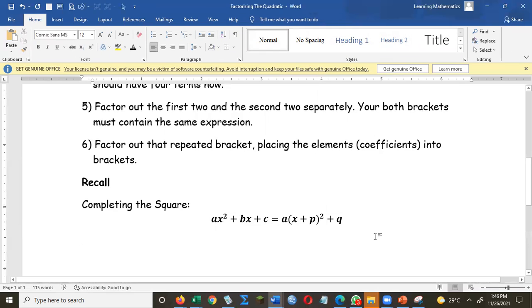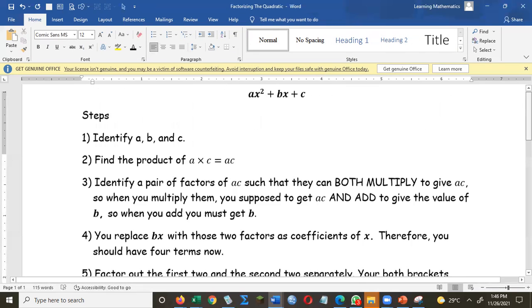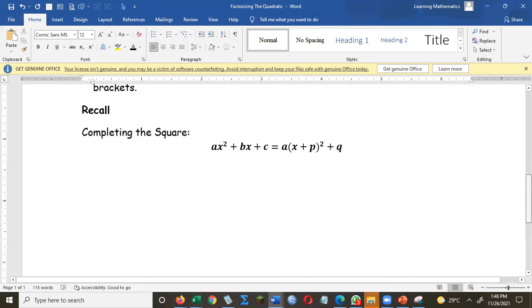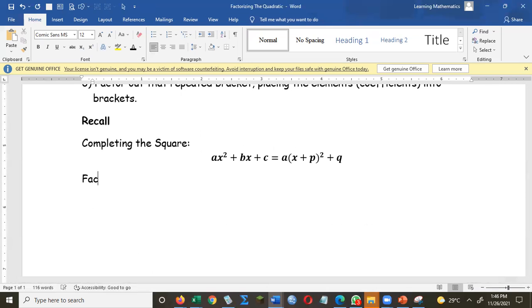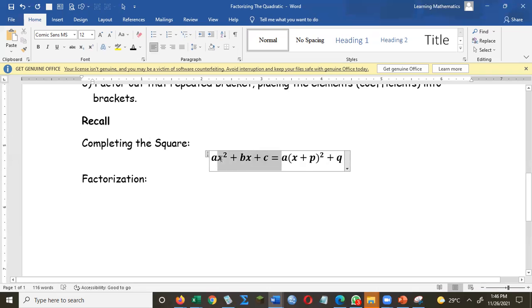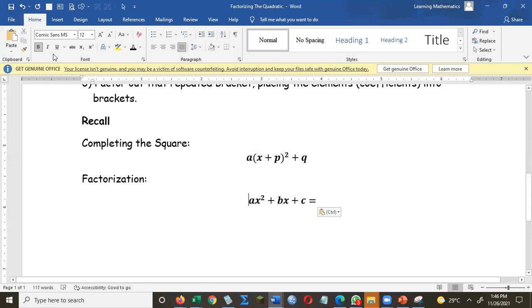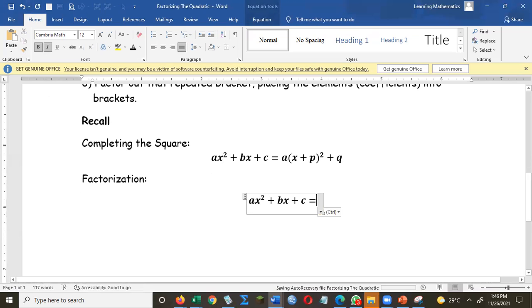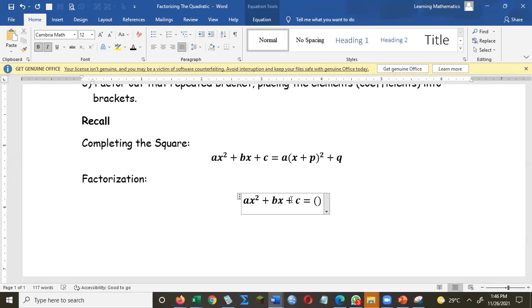However, factorization of the quadratic is another transformation you're going to do with the quadratic. So you're going to start with the quadratic like that, ax squared plus bx plus c. But your final answer is going to look like this.